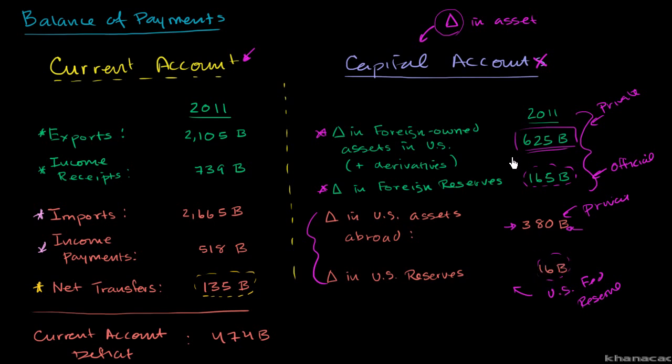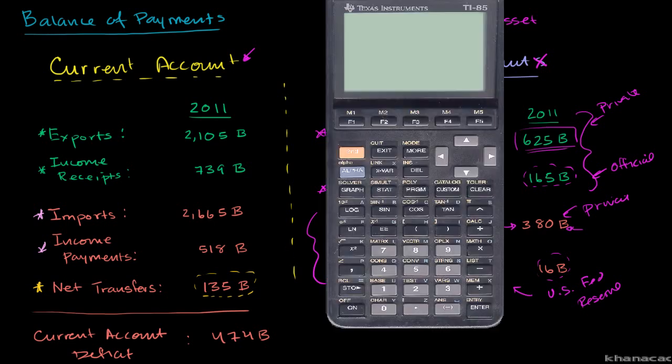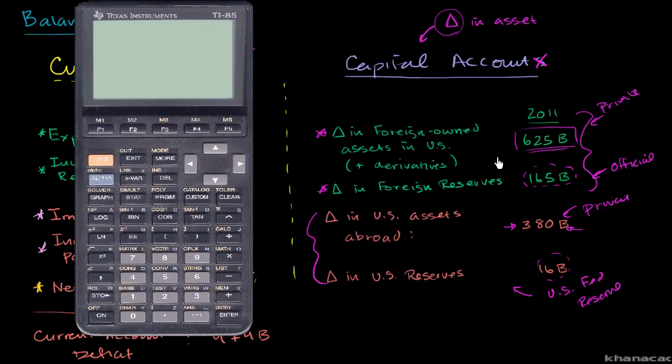Now, with that out of the way, let's actually figure out whether we're running a capital account deficit or a surplus. So let's get our calculator back. I'll put it right over here so we can see our numbers. And so let's think about the inflows. This is how much more foreigners are buying of U.S. stuff. So they're buying 625. And when I say stuff, I'm talking about assets. I'm not talking about goods and services.